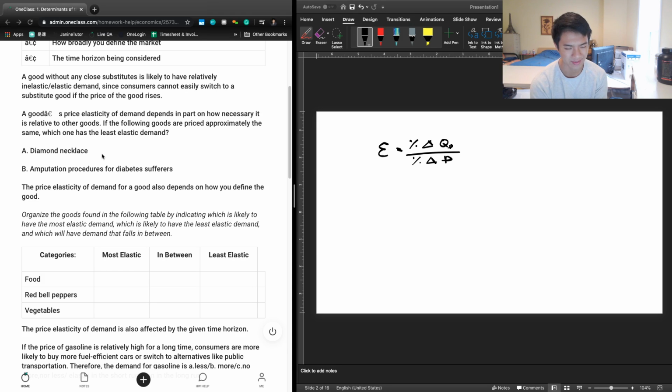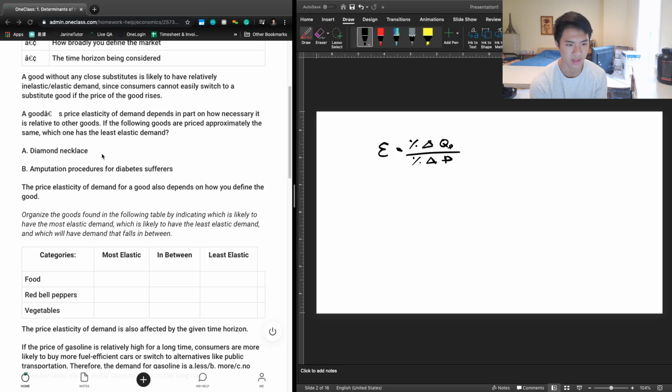For diamond necklaces, maybe there's elastic demand, maybe there's inelastic demand, depending on what the price is. For B, amputation procedures for diabetes sufferers, that's something that we would say definitely has inelastic demand. The reason is that these procedures are incredibly necessary, and so price is unlikely to have a significant impact on how much demand there is for them, right?